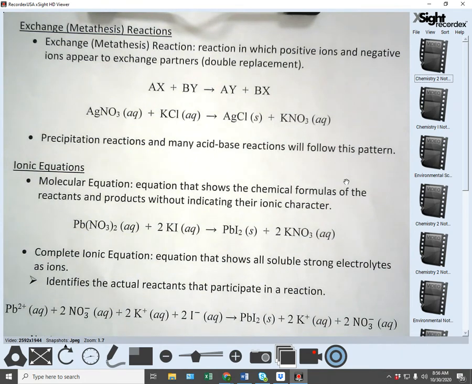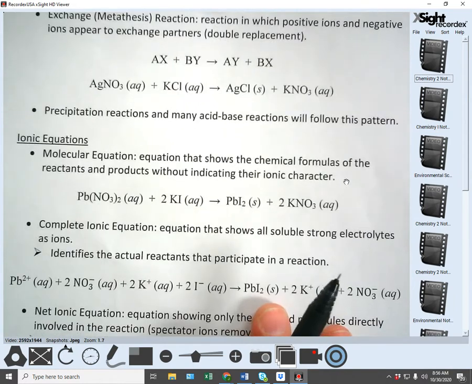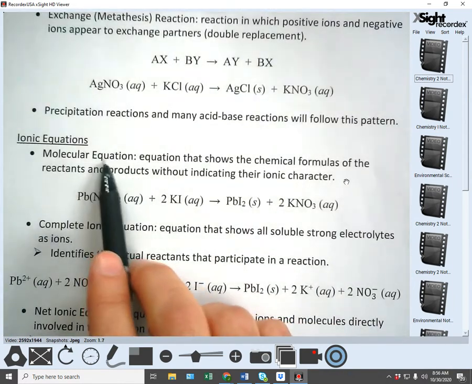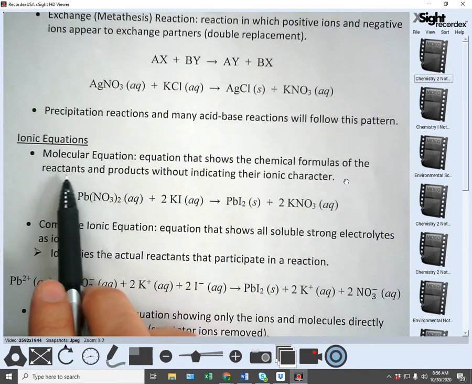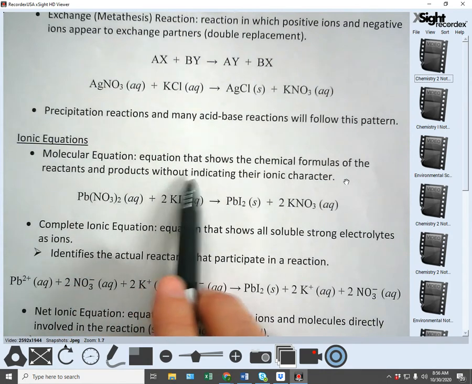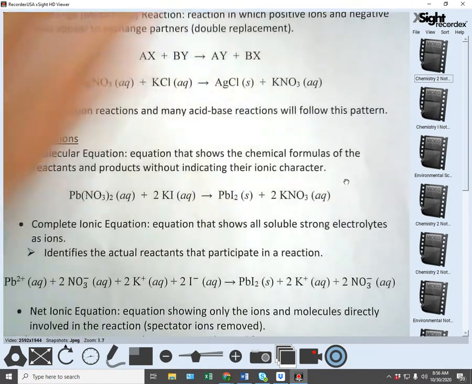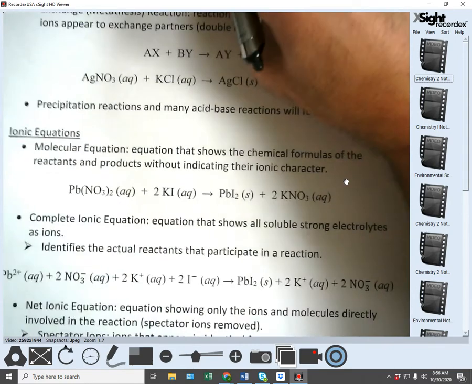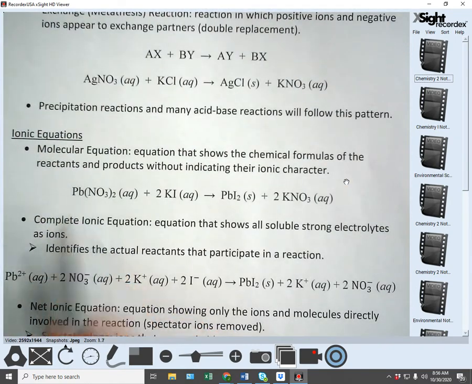All right. Ionic equations. A molecular equation is the equation that shows the chemical formulas of the reactants and products without indicating their ionic character. Now that sounds weird. What that means is the molecular equation is what we sort of call just a normal equation.